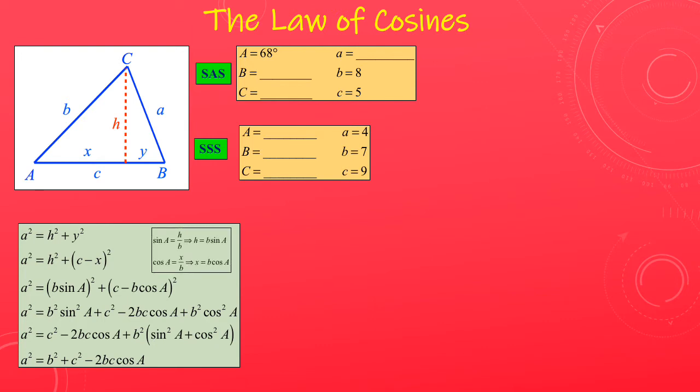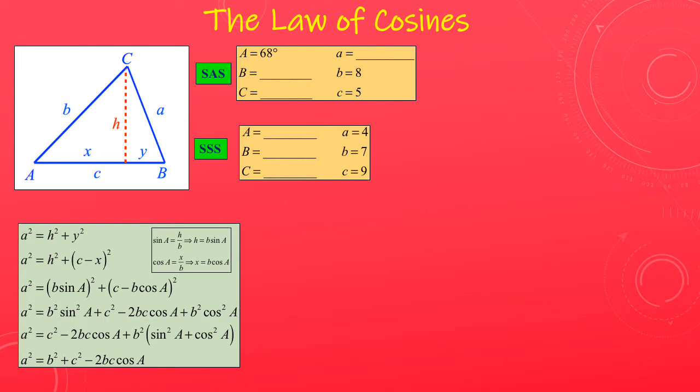Focusing on angle A, we can say that the sine of A equals h over b, and therefore h is equal to b sine of A. And cosine of A is equal to x over b, and therefore x is equal to b cosine of A. Continuing with our main thread, we now replace h and x, and we get a squared is equal to b sine A squared plus quantity c minus b cosine of A, squared.